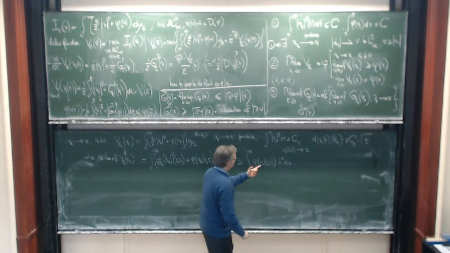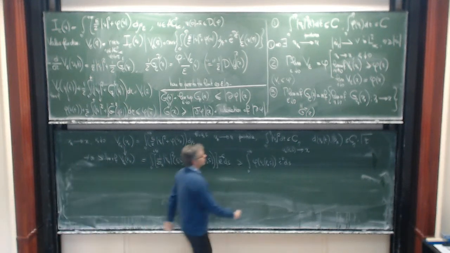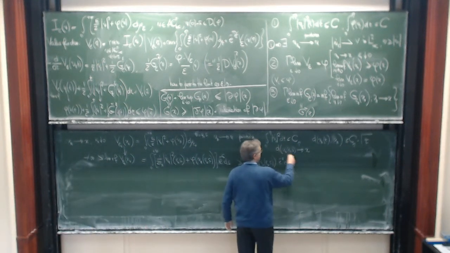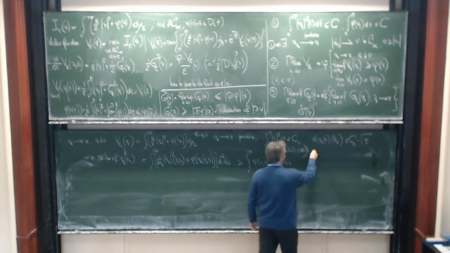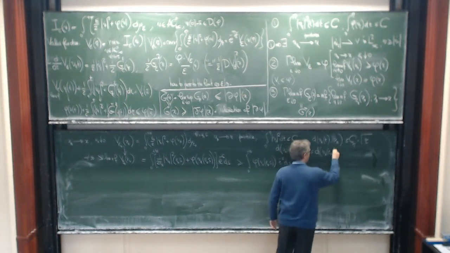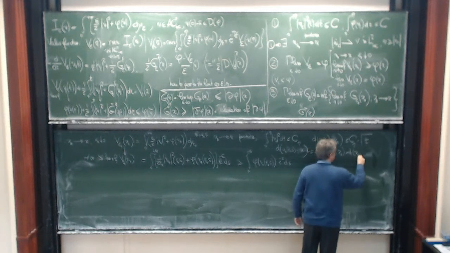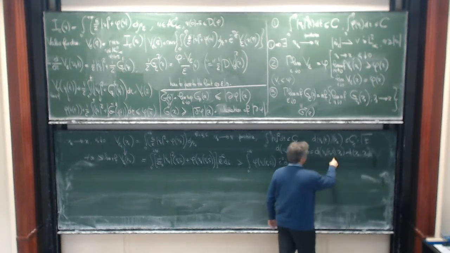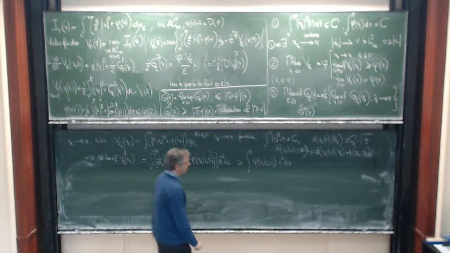Since, using the triangle inequality, the distance of this point to x is bounded by the distance of un epsilon n s from xn plus the distance of xn from x. This is converging to 0, and this is uniformly estimated by Hölder.